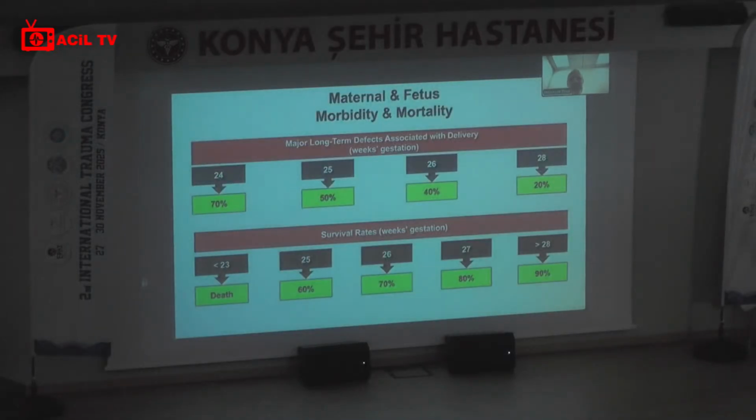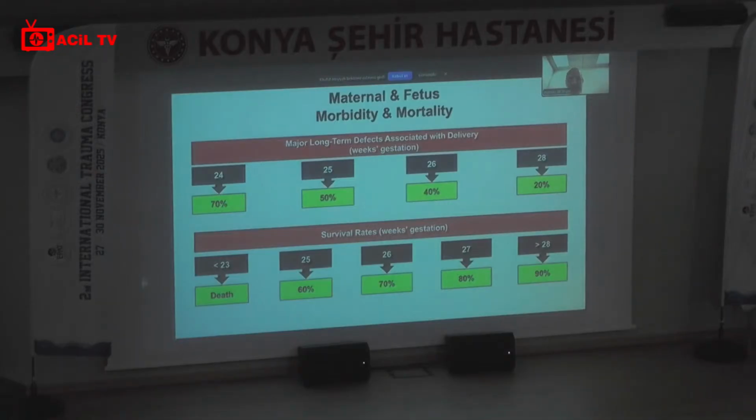We have to understand that this also depends on the age of the pregnancy. We know that a major long-term defect is associated with delivery at gestation less than 24 weeks, which is associated with a 70% long-term defect rate, whereas above 28 weeks the risk drops to 20%.